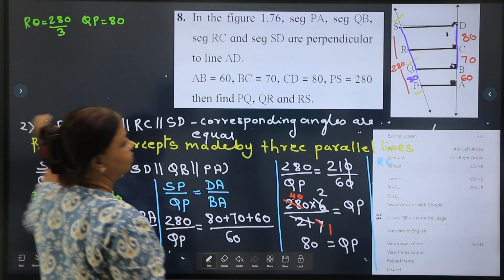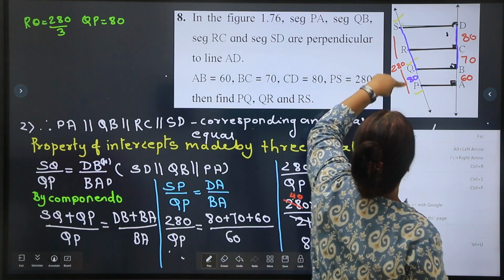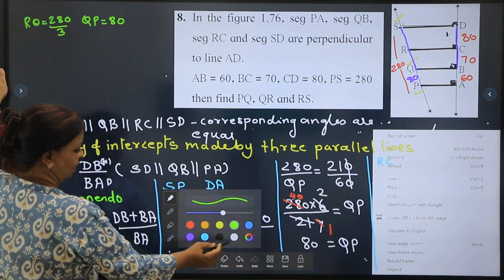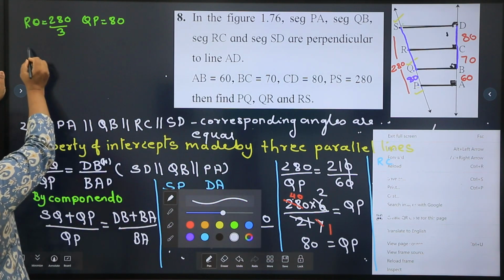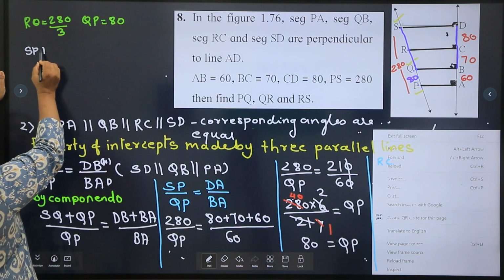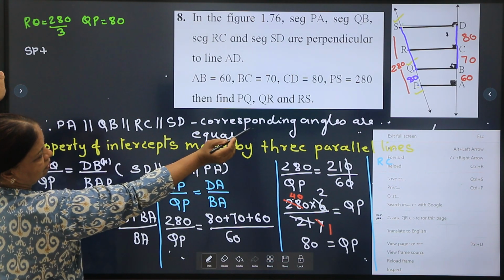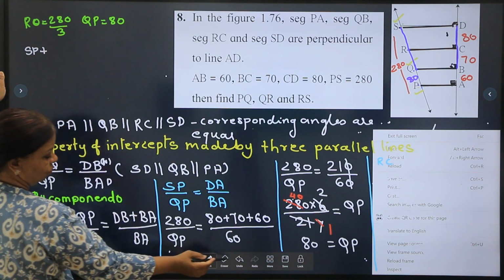And in total we know SP as 280. So I can easily find out SR by using SP.